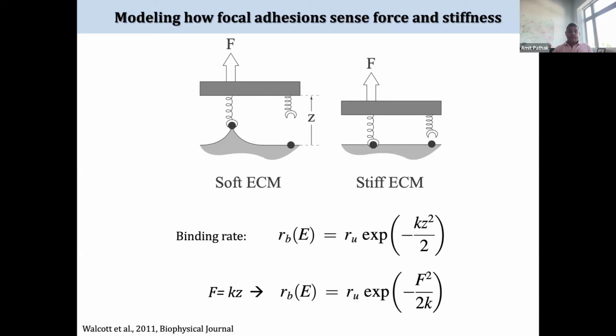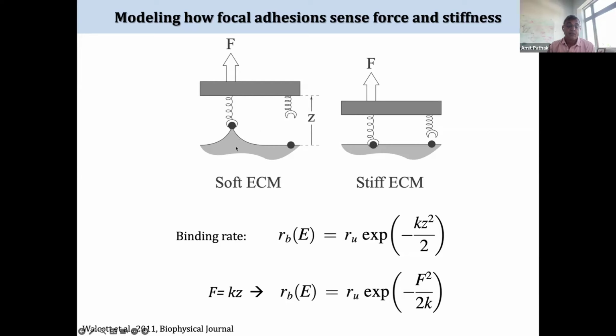In this one, the idea is that on soft ECM, focal adhesions are smaller, and on stiff ECMs, focal adhesions are bigger. What is the simplest explanation for this? If you stain for a bunch of proteins, you can come up with a complex story around it. What is the simple physical explanation? Here's one idea.